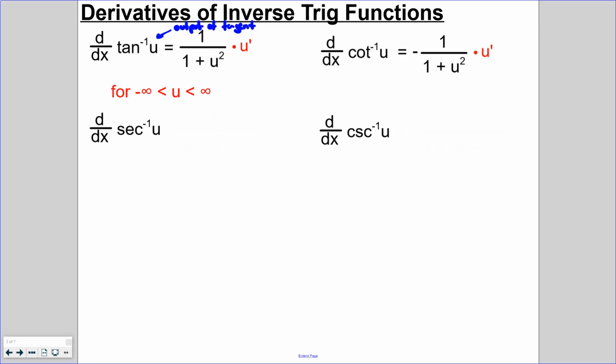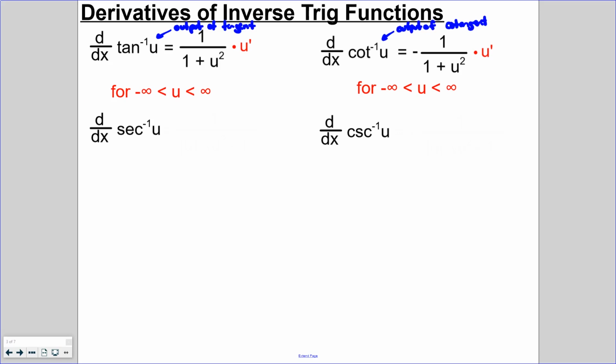So this condition is also true for the derivative of the inverse tangent function. And similarly, the restrictions on u are all real numbers, because again, u is the range of cotangent, which is also all real numbers.